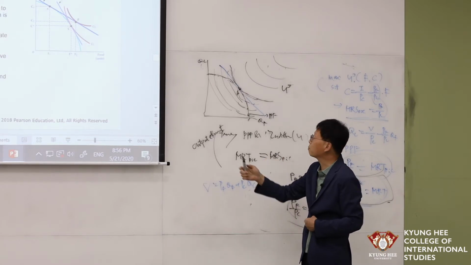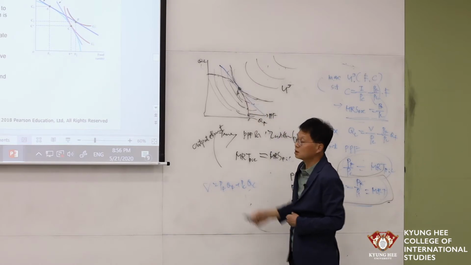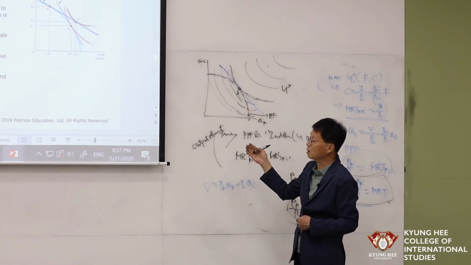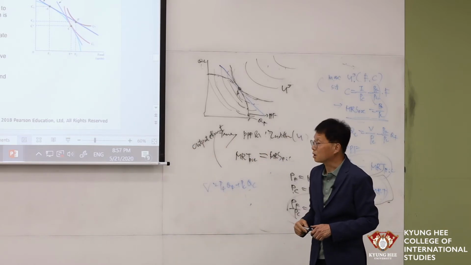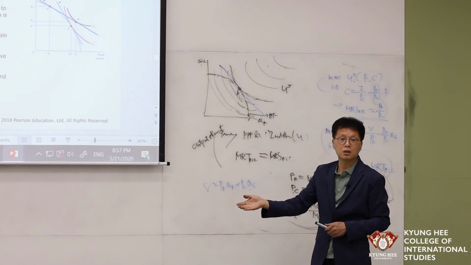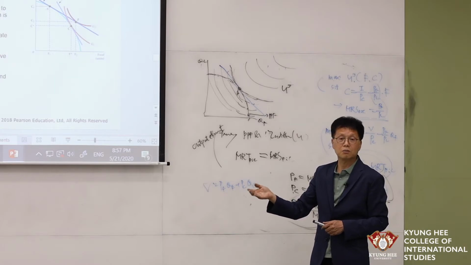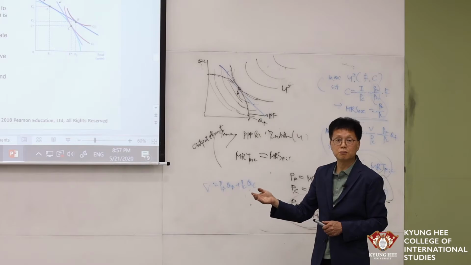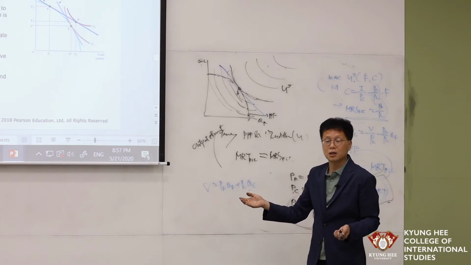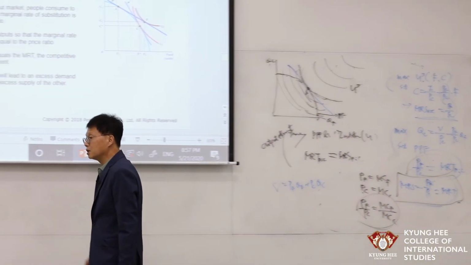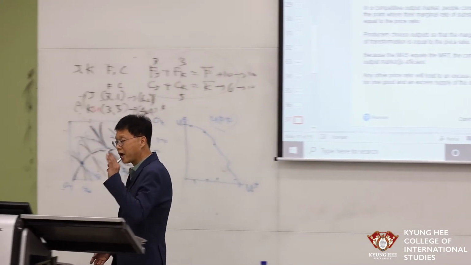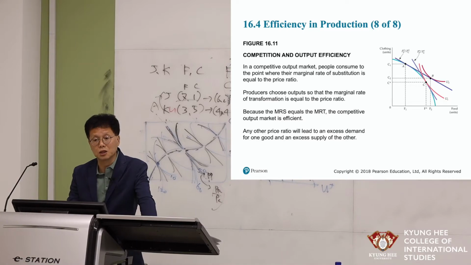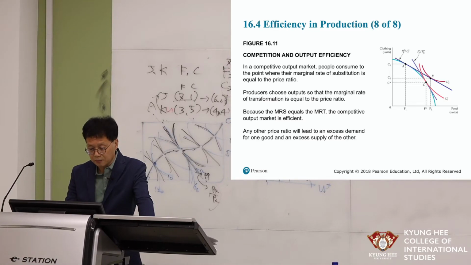If the market is perfectly competitive, we can reach this output efficiency point, and at the same time the input efficiency point, and also at the same time the exchange efficiency in consumption point automatically. That is Adam Smith's idea of the invisible hand, and that is actually the philosophy of the market economy. Okay?